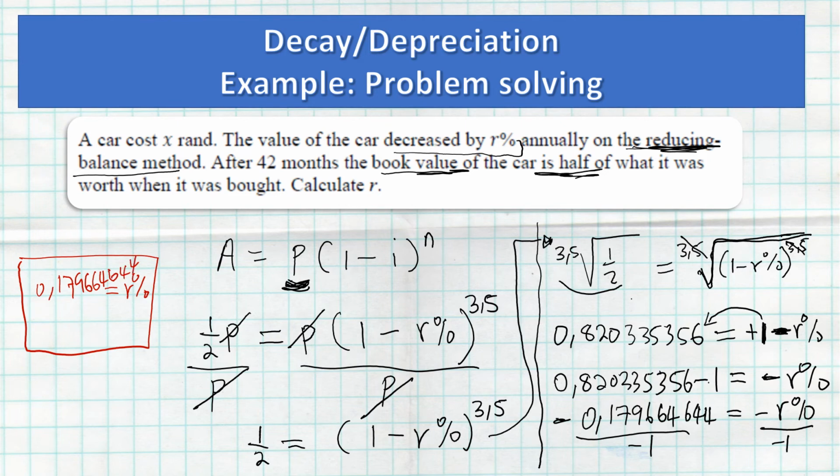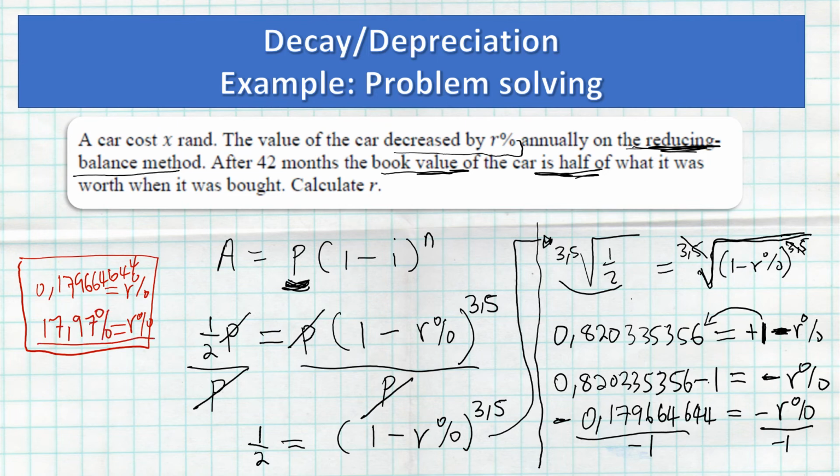Then I can convert it into a percentage by multiplying by 100. So r% when I multiply by 100 is going to be 17.97%.